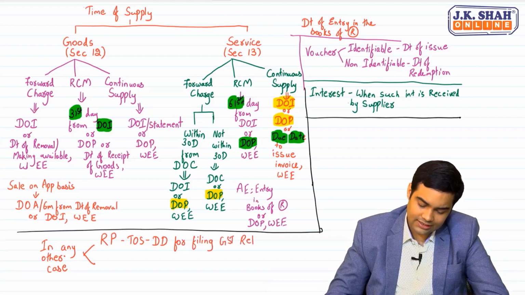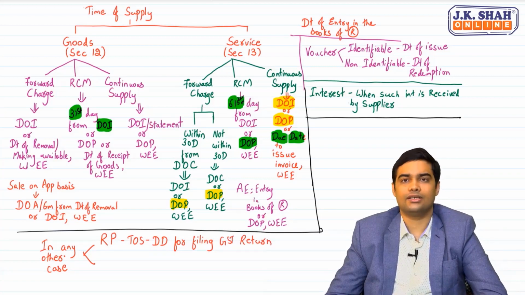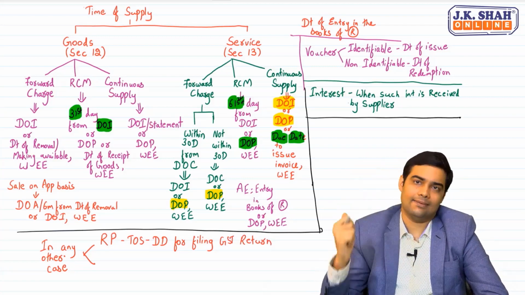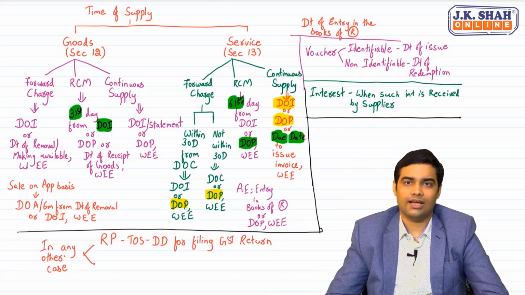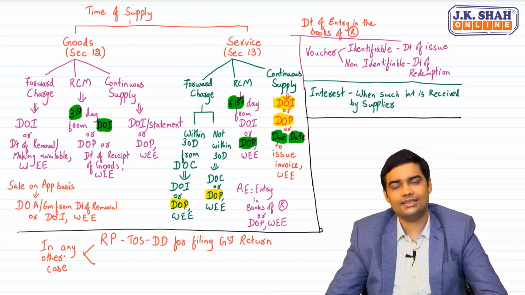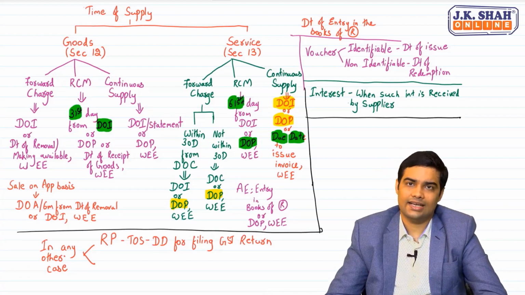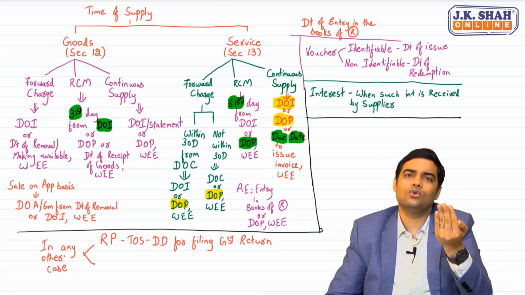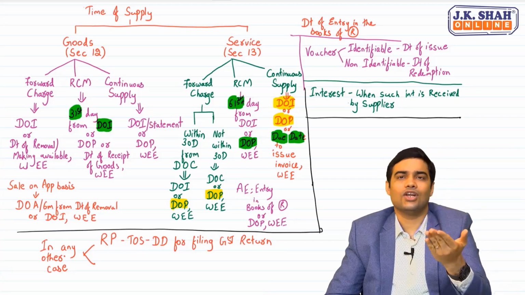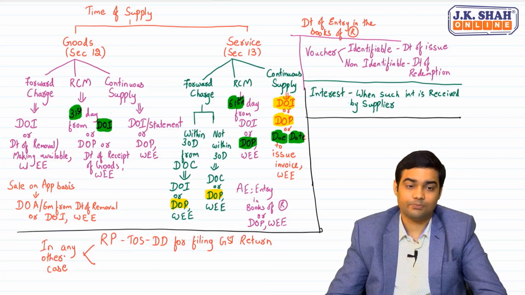So say suppose a transaction has happened in November. The due date for filing the GST return would be 20th December. So 20th December will be considered as time of supply. And sir, what is the due date for GST return? Next month, 20th. You can safely conclude that for now. Then, as you move towards returns, you'll understand the various due dates.